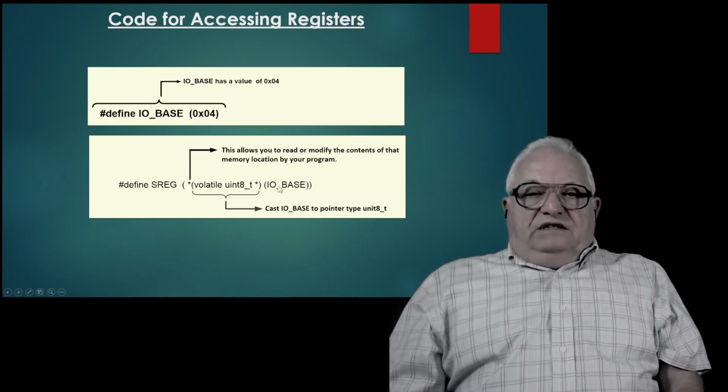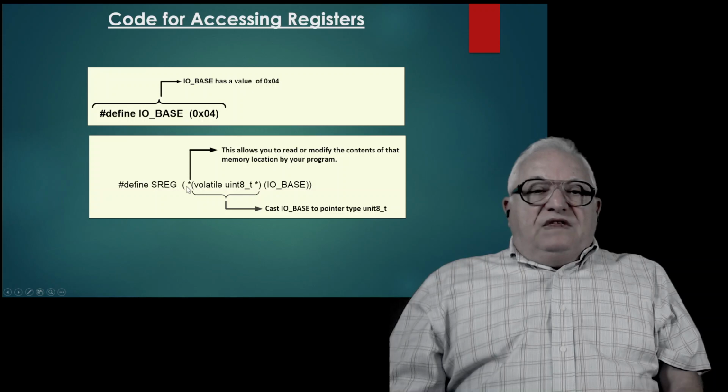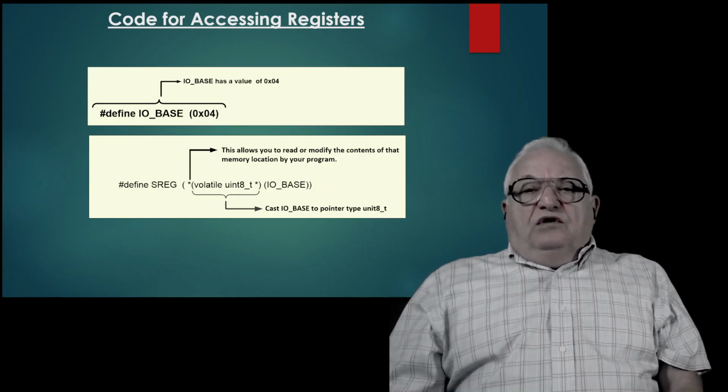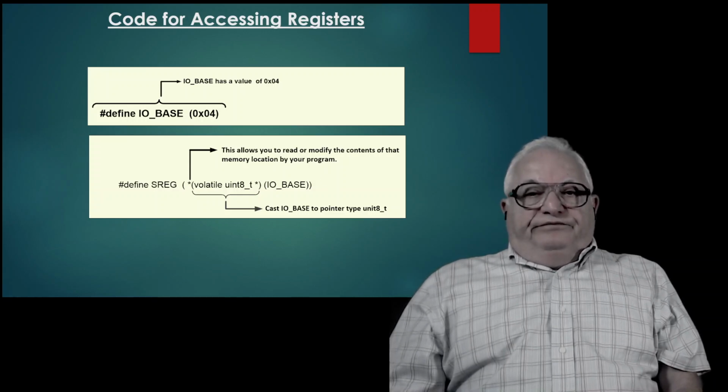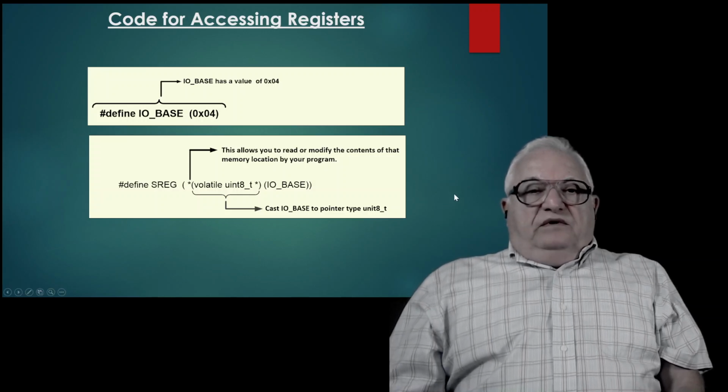So this makes it a pointer to an unsigned integer. And now the asterisk allows you to read or modify the contents of the memory locations by your program. I'll leave this up for a couple of seconds so you can digest what I'm doing.